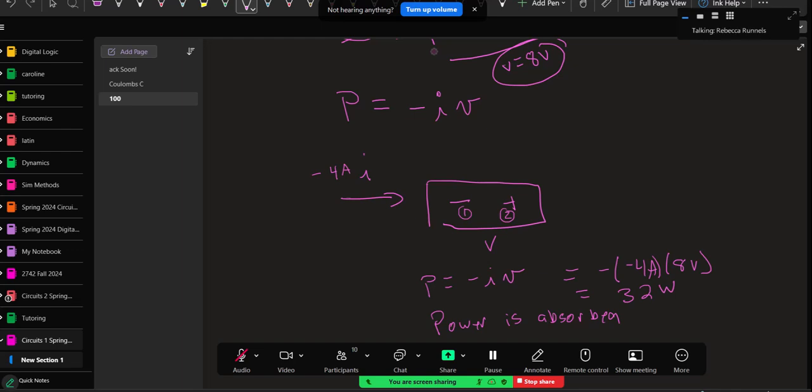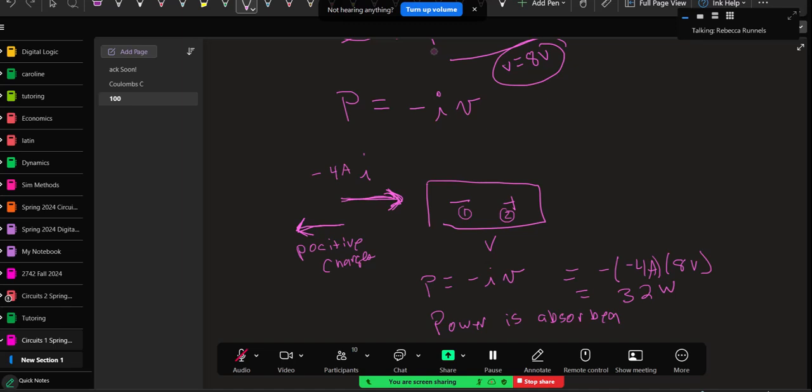So what that means is that conventional current, positive charges, are moving this direction. So a positive current means positive charges are moving in the direction of the arrow. A negative current means positive charges are moving opposite the direction of the arrow.